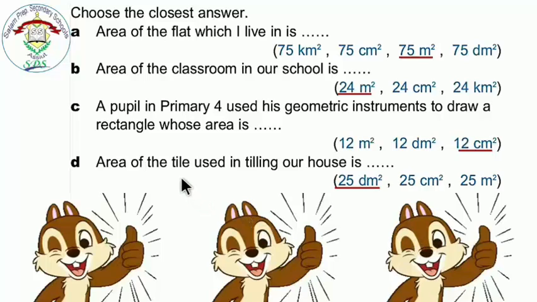We can't use a tile with side length 5 centimeter to tile our house, that's very tiring. But when the side length of the tile equals 50 centimeter, it's reasonable. So we will use 25 square decimeter, because the side length equals 5 decimeter, equal to 50 centimeter. 5 decimeter is reasonable.